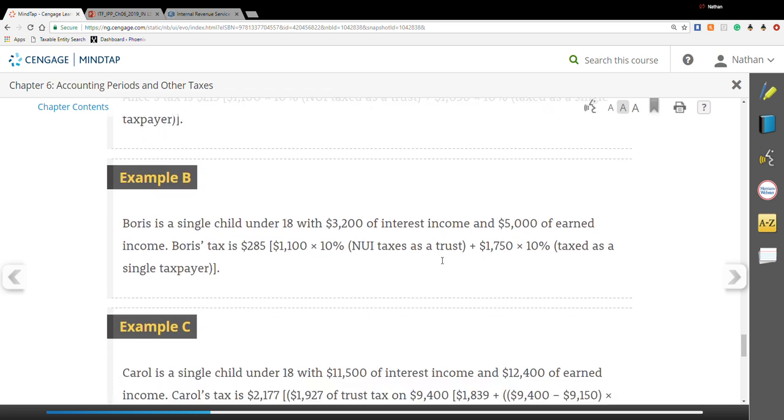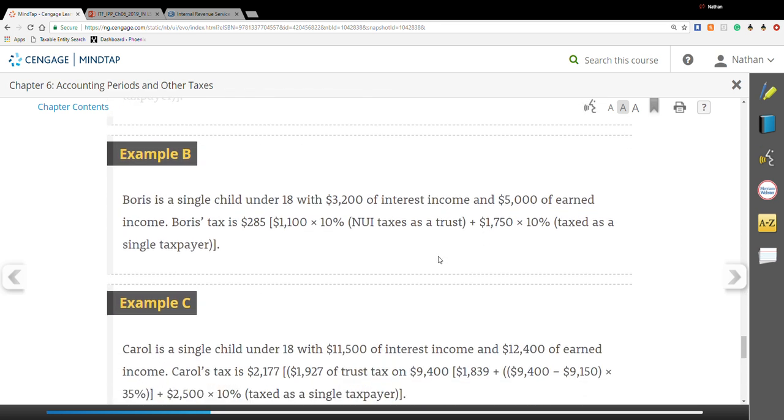Alright. So with that, we now have his ETI, which we calculated in step 3. And we take that times 10%, and we get 285. Again, all these are taxed as single taxpayers, which happens to be 10%.